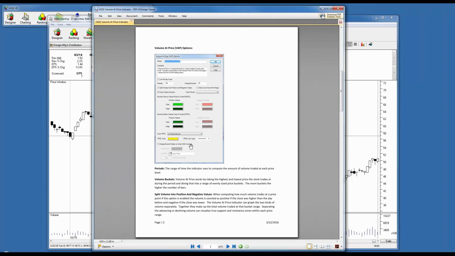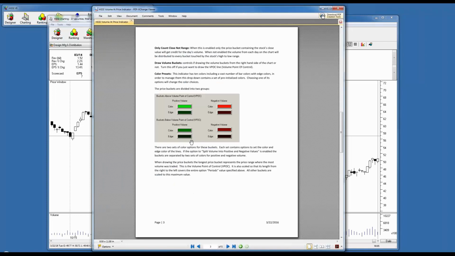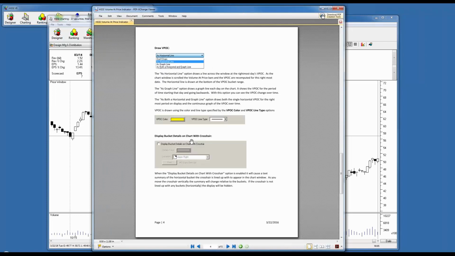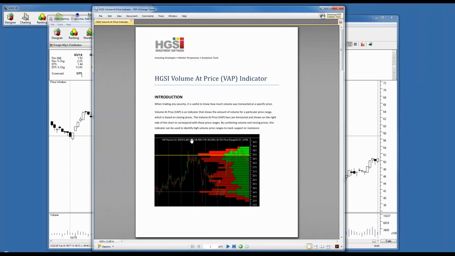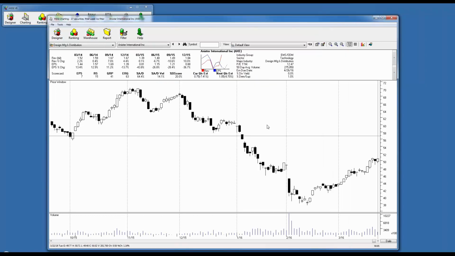But in order to present it graphically, there are a lot of options. I'll be talking about what they do and how they work during this session. If you have questions about parts of the indicator, this documentation is the best guide to how the indicator's options work.